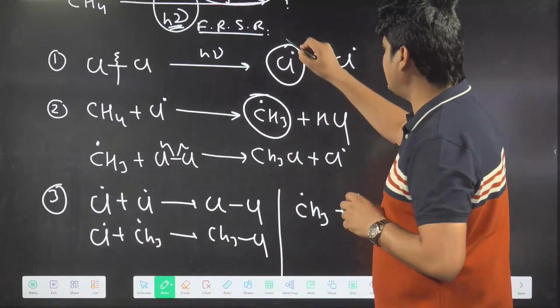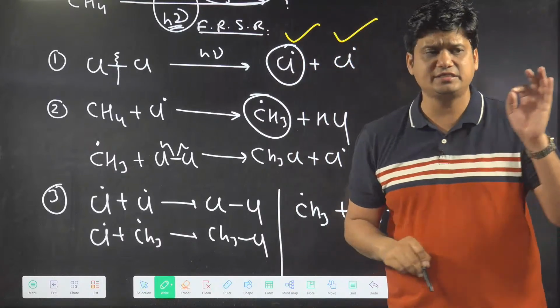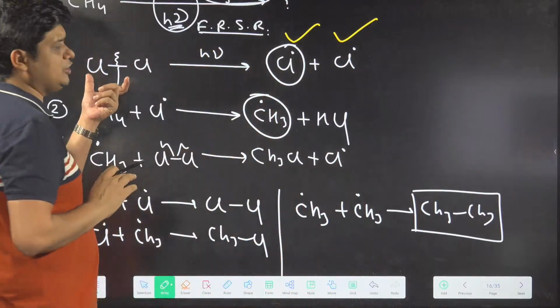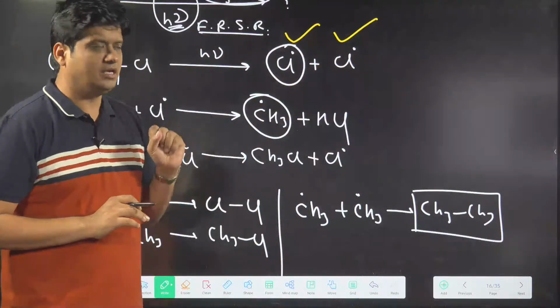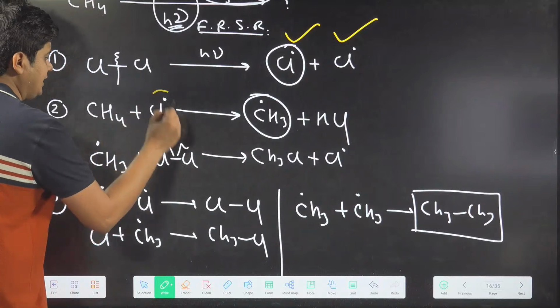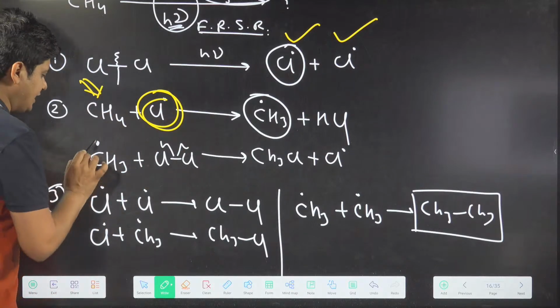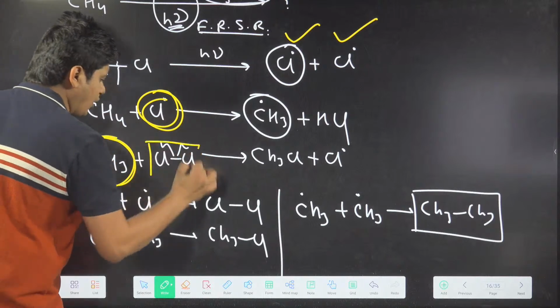If radicals are generated from a molecule, it is chain initiation. If one is a radical and another is a molecule, it is propagation.